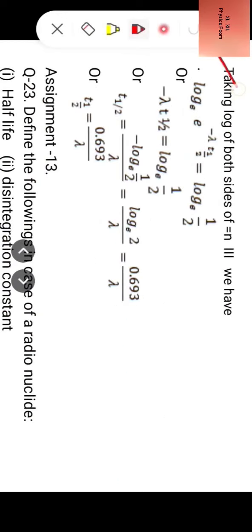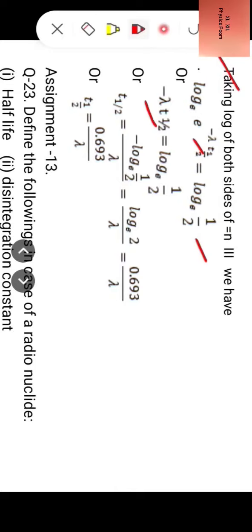Now, taking log of both sides of equation 3, we have log e raised to power minus lambda t half is equal to log 1 by 2, or minus lambda t half is equal to log 1 by 2, or t half is equal to minus log 1 by 2 divided by lambda.